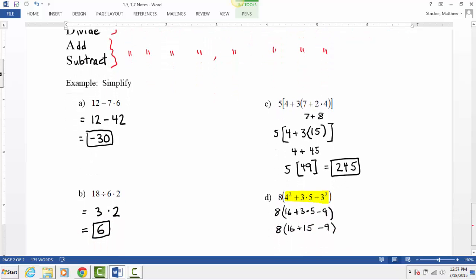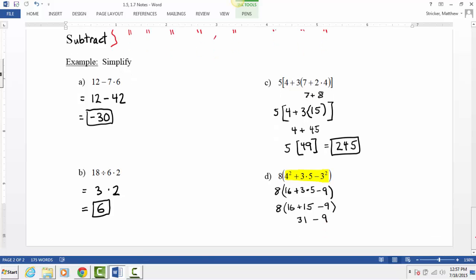So we're going to go 16 plus 15 is 31 minus 9. 31 minus 9 is 22. So I have 8 times 22, which is 176.